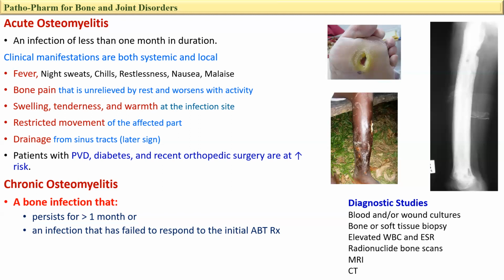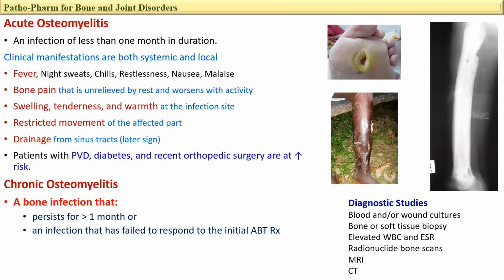That's what we mean by hematogenous spread or direct inoculation. Patients with PVD, diabetes, or orthopedic surgical procedures with implantable orthopedic devices are at risk to develop acute osteomyelitis.